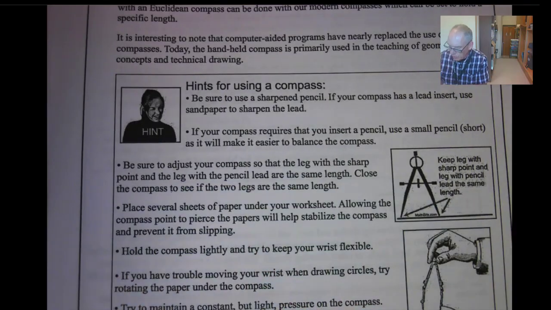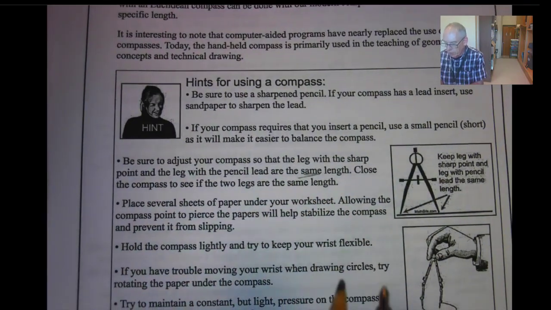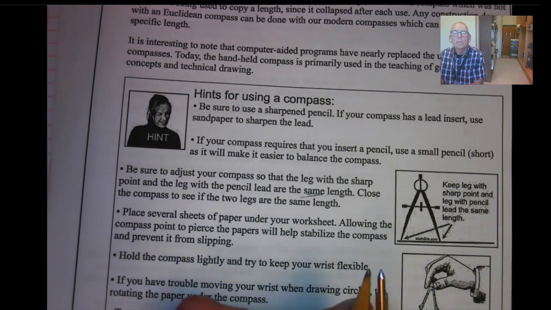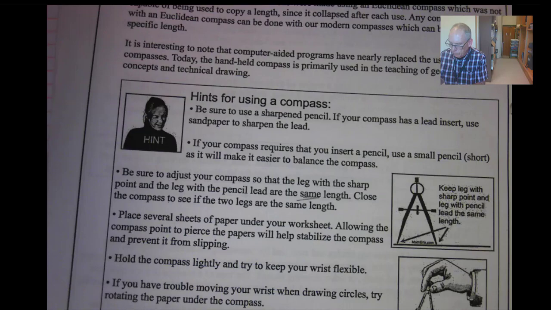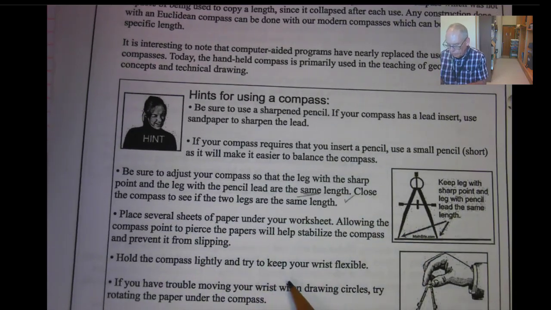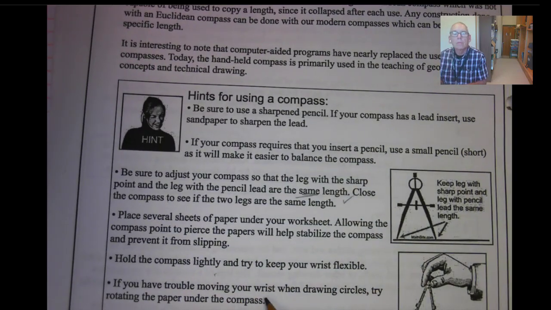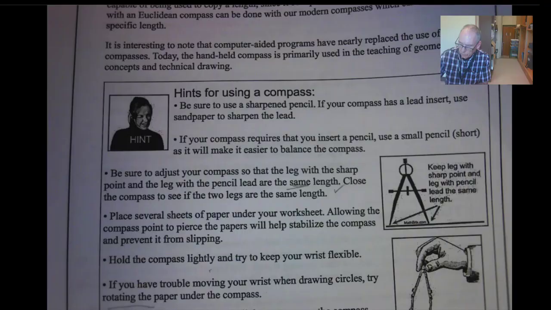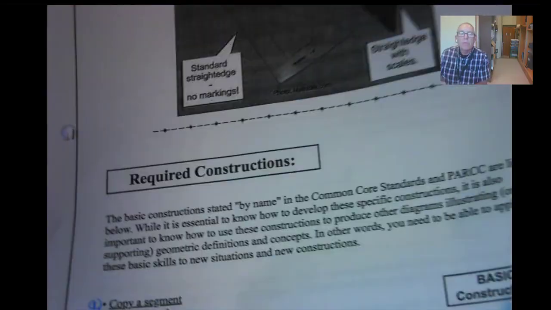And you want to lightly rotate the top of the compass between your fingers and spin it around with just enough pressure on the pencil point part of it to make a tracing on your paper as you, say, try to construct the circle. If you put too much pressure on the pencil point side, it might cause the compass to open up as it goes around and you won't draw a complete circle.